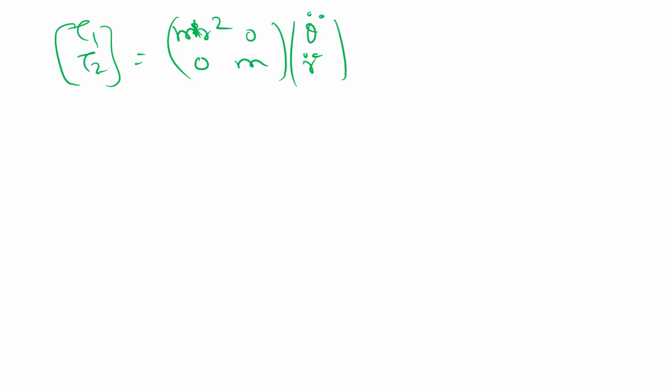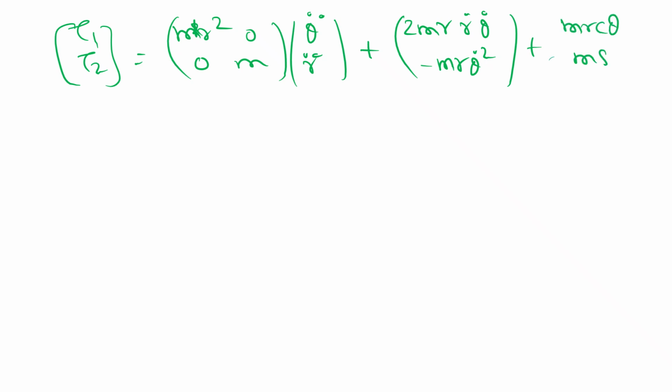Okay, this is done. Plus 2mr, then r dot theta dot. Okay, then you have minus mr theta dot square. Okay, this is one term, plus mgr cos theta, mg sin theta. This is with the gravitation.